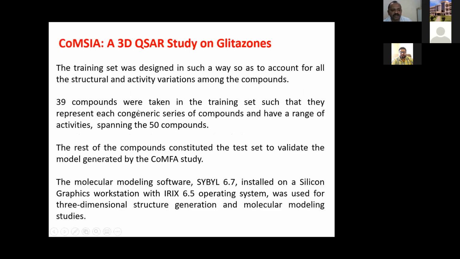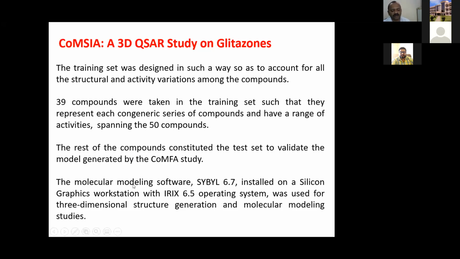Totally, for 50 compounds we did the CoMSIA analysis. These ligands are for glitazones. Normally glitazones are used for anti-diabetic activity, to lower the blood sugar level, that means to reduce insulin resistance. The rest of the compounds constituted the test set to validate the CoMSIA studies.